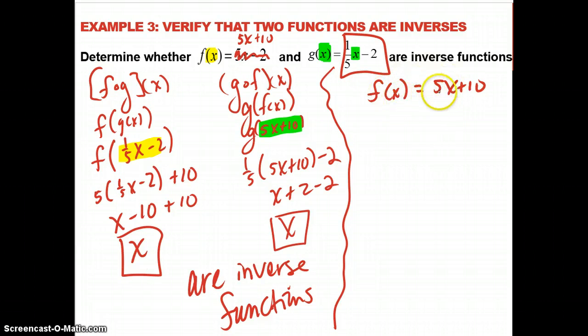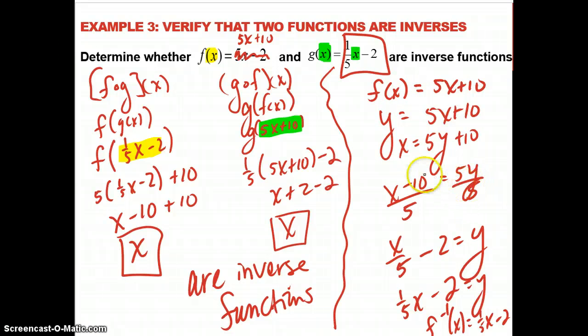The second way that I would show to do this: if I was given these two functions, I would look at the first one, or the easier one to look at, and I would find the inverse of this function. So I'm going to find the inverse of f of x. After finding the inverse and simplifying, I found that this inverse was the exact same as my g of x function.